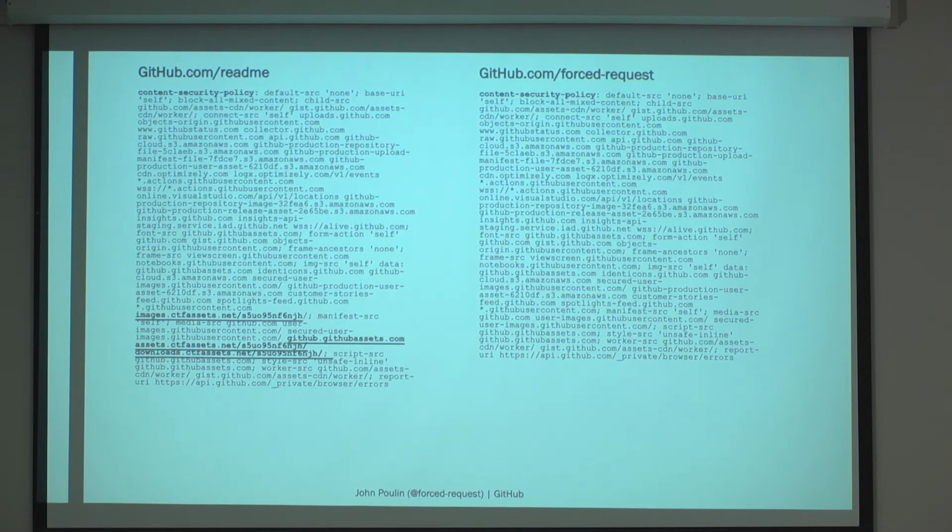And so we made the decision that we're okay sourcing from these particular domains on this page, but we don't want all of github.com to be exposed to ctfassets.net. As much as I'd love to trust ctfassets.net, I really don't even know who they are. So this is an example of where we have reduced the risk across github.com and allowed our product team to do the work they needed to in a particular page.